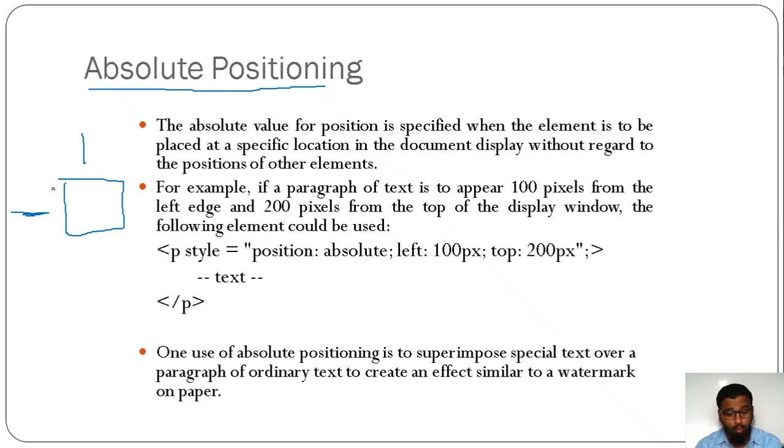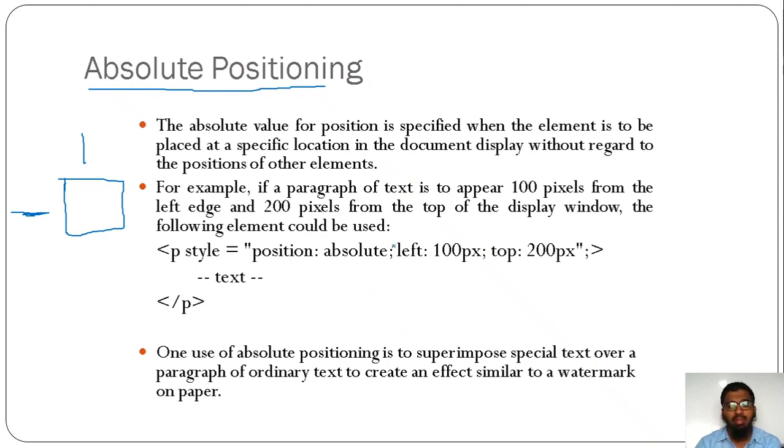Whatever text will be displayed, it will be given the position and it will display at that place only. Okay, absolute. Whenever you want, you can give the position and you can change the position. One use of absolute positioning is superimposing special text over a paragraph of ordinary text to create an effect similar to a watermark on paper.